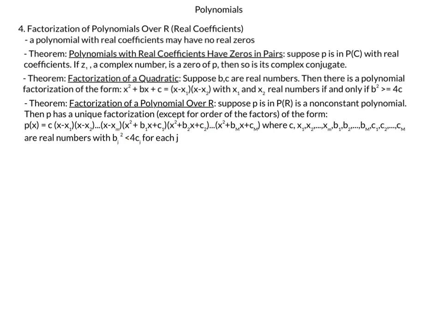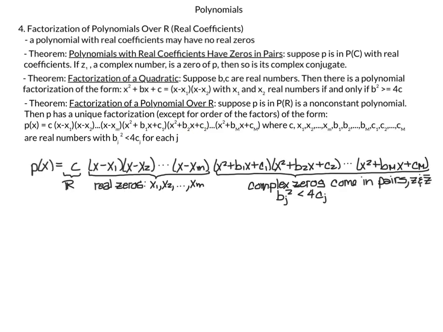Another factor that possibly cannot be factored into real roots, x squared plus b2x plus c2, up to x squared plus bmx plus cm. So I'm going to rewrite this factorization again.